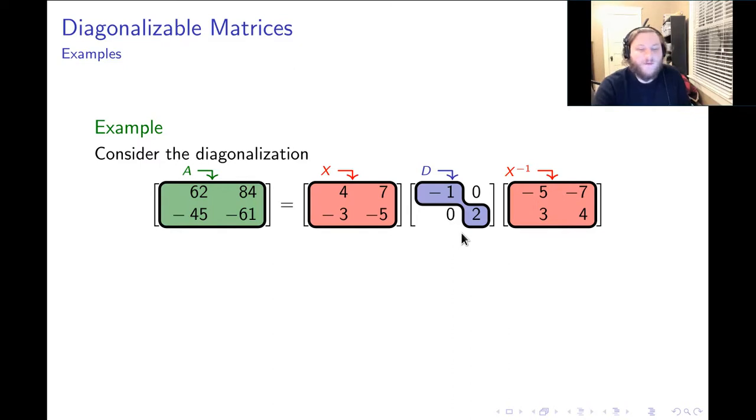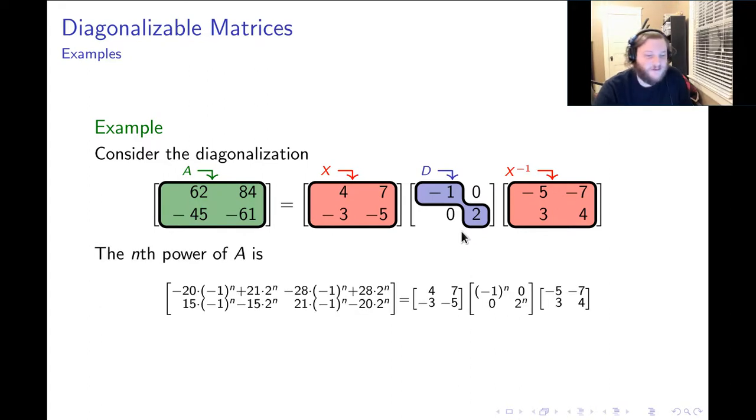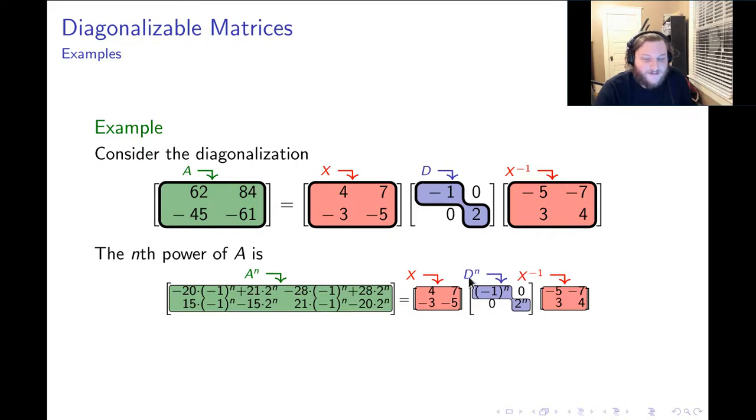One thing we said about similar matrices is that if A is similar to D, the powers of A are related to the powers of D. So we could calculate the nth power of A quite easily. A to the n is equal to X times D to the n times X inverse.